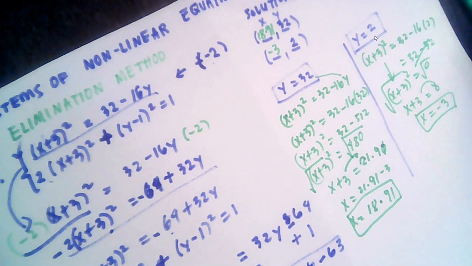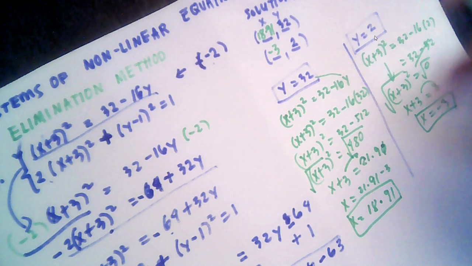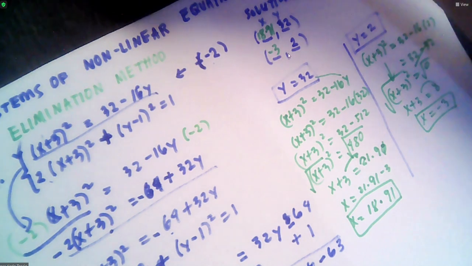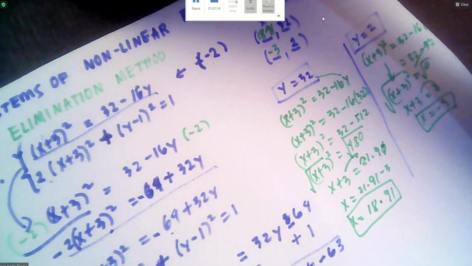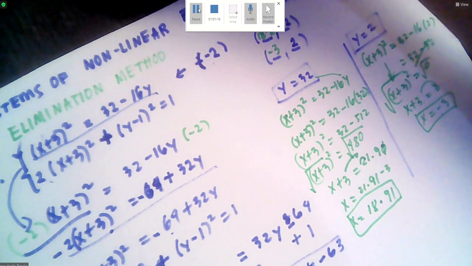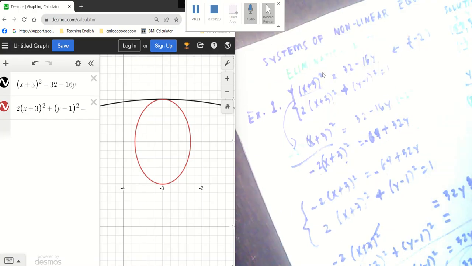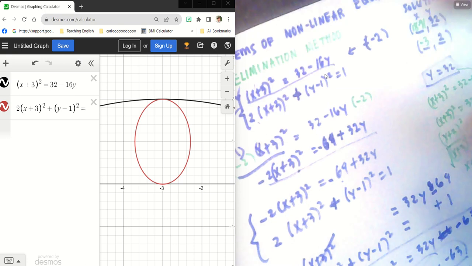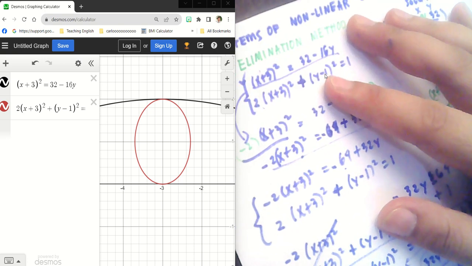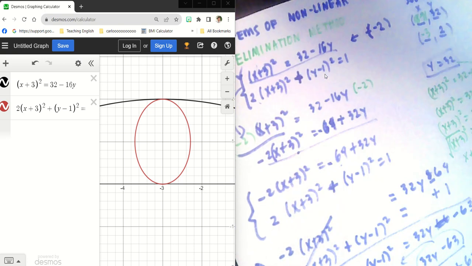So to check this, we can simply substitute, but it would be a long process, so let us use a Desmos calculator to check. So using the Desmos calculator, let us check. You have x plus 3, I already encoded in here.